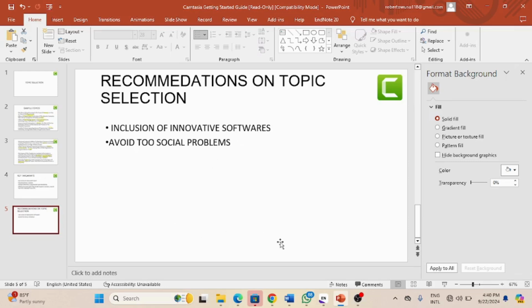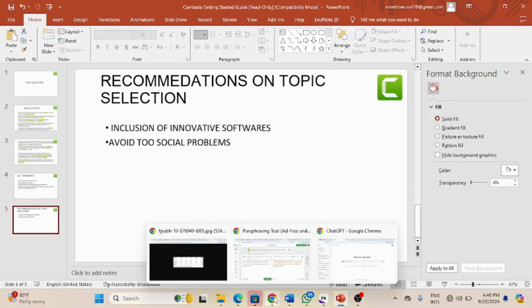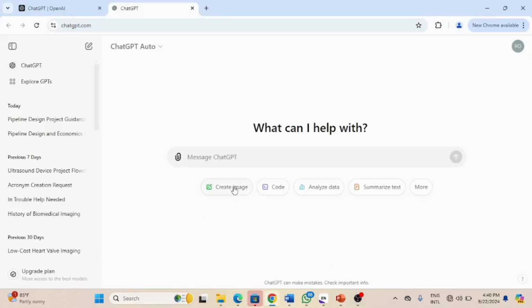Finally, you can also use AI tools to guide you. Let's say you can use ChatGPT to guide you with your topic selection. ChatGPT can give you broad knowledge, or it can give you a spectrum of topics or themes or thematic areas for you to consider.